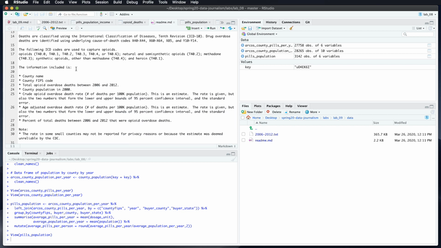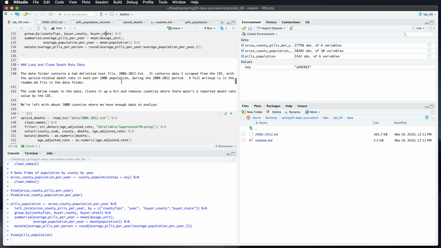And in its raw form, it includes a number of things that we'll look at when it comes in.